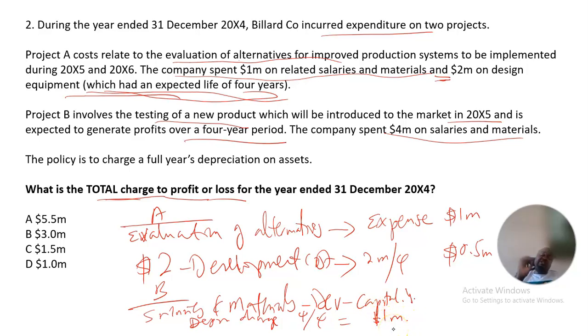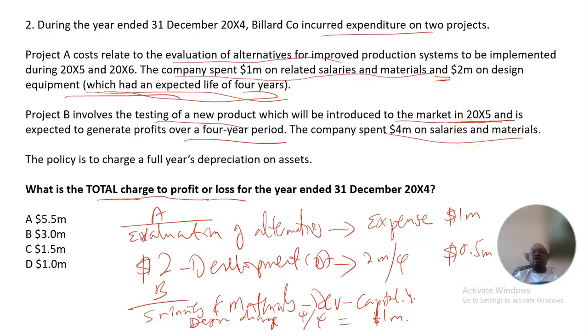All right, the depreciation charge should not be allocated. Please get me right, it should not be allocated now. Why? Because the depreciation is only going to be charged in the year in which the asset is going to start to be used. In this case, the asset is going to be introduced to the market in 2005.